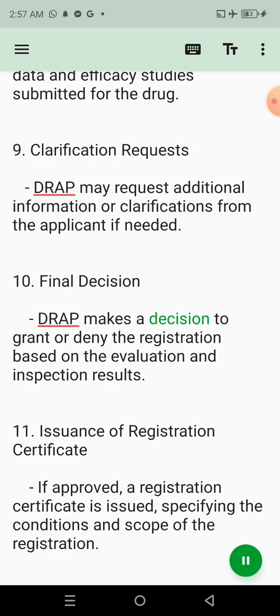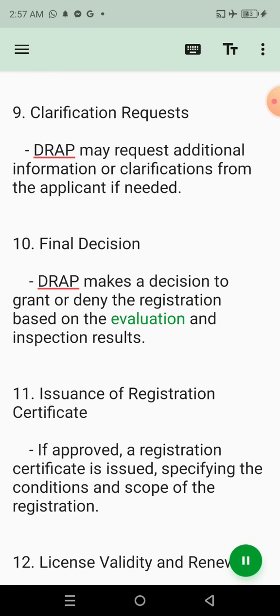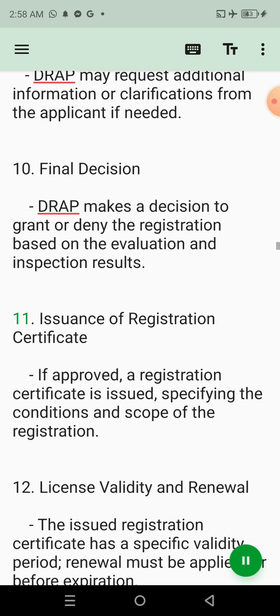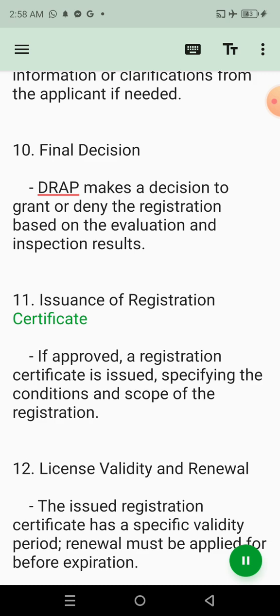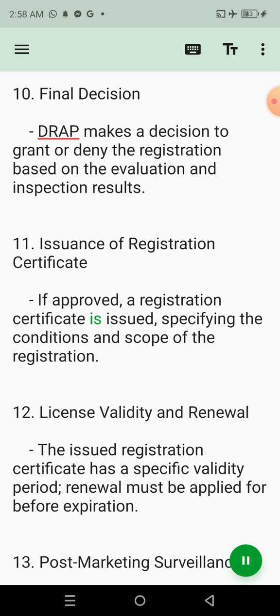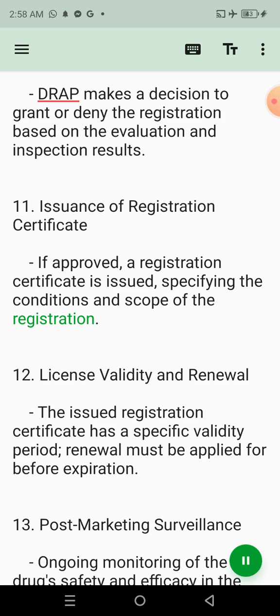DRAP makes a decision to grant or deny the registration based on the evaluation and inspection results. 11. Issuance of registration certificate. If approved, a registration certificate is issued, specifying the conditions and scope of the registration.